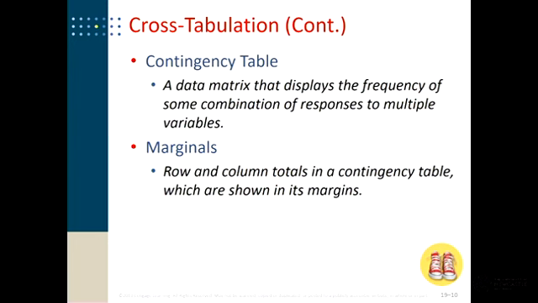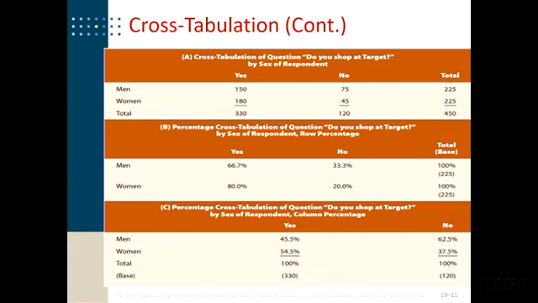In the contingency table, you will have a row and column that show the basis of these combined responses, which we call marginals. That means the rows and columns of the contingency table are called marginals, and that shows you the basis of the combination of the responses. So look at this example.